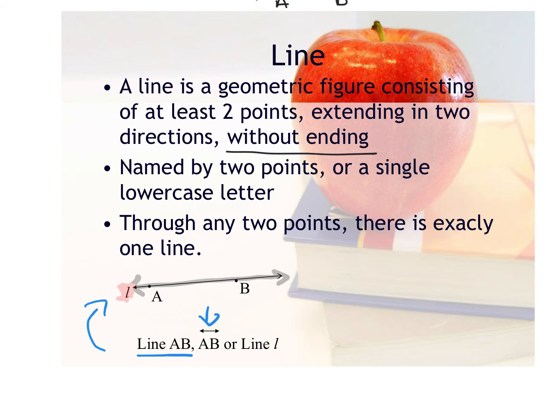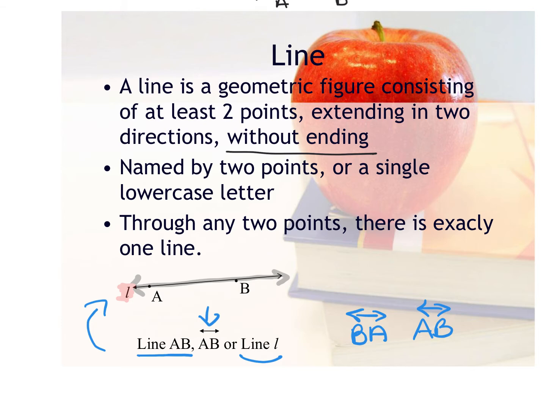Or again, name it with the lowercase letter. When I go to name my line, the order of the points doesn't matter. So I can also call this line BA. So if it's AB or BA, the order that I write the letters A and B doesn't matter.